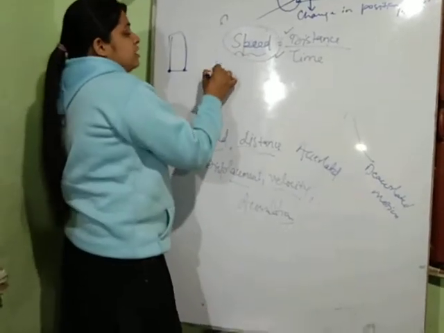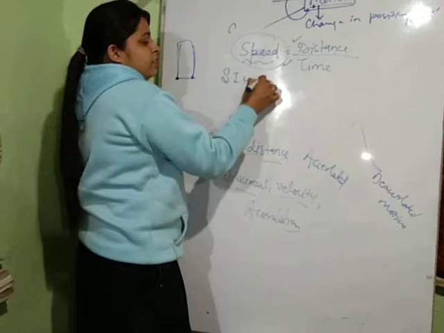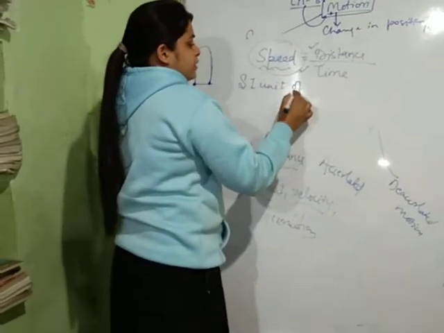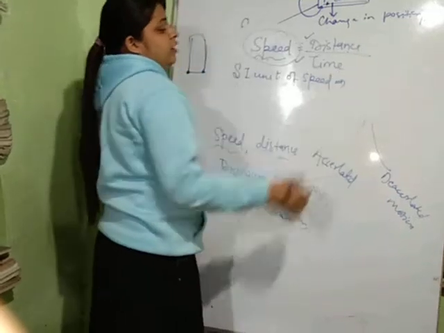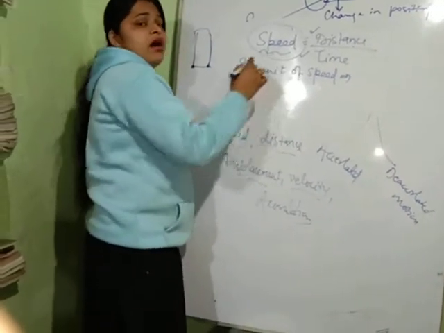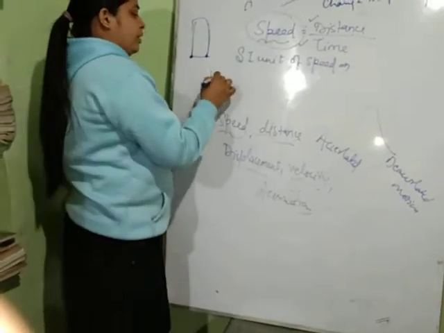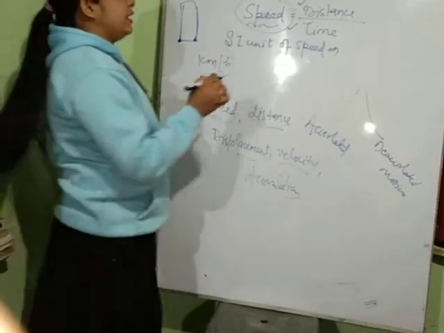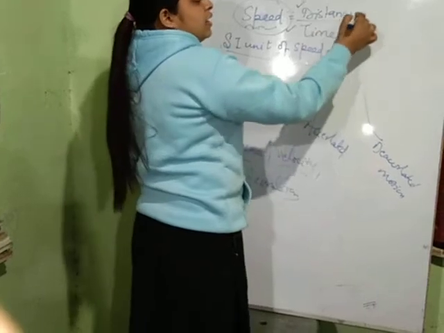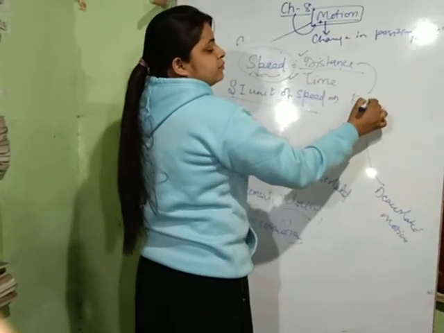Here we also discuss the SI unit of speed. You all know that speed is in kilometer per hour. How is it generated?